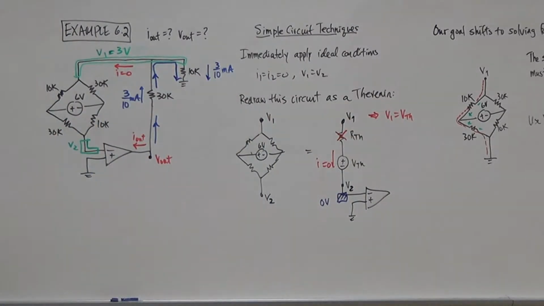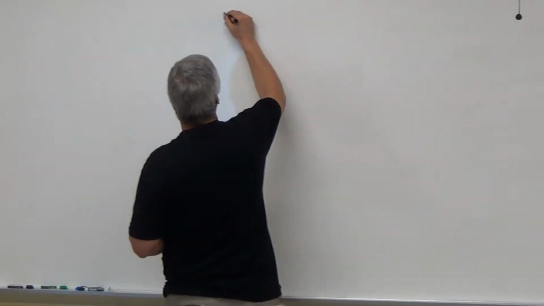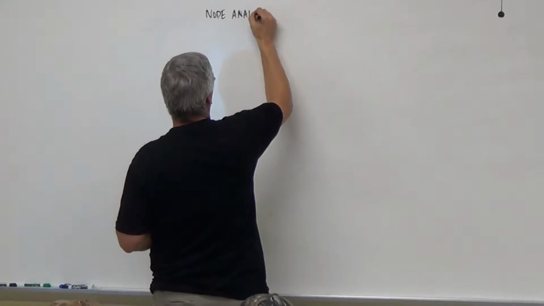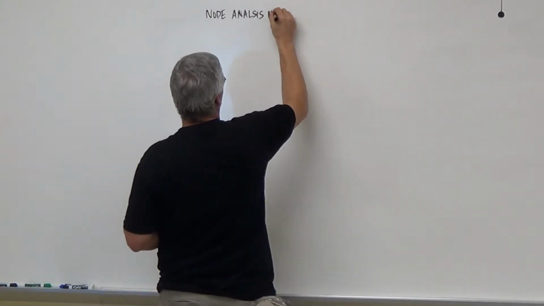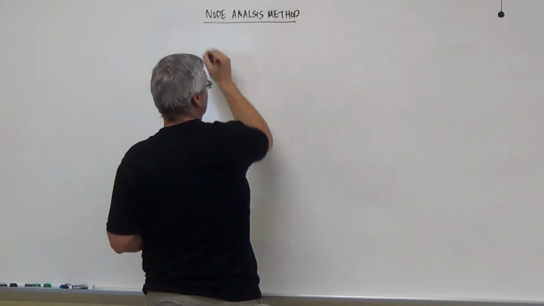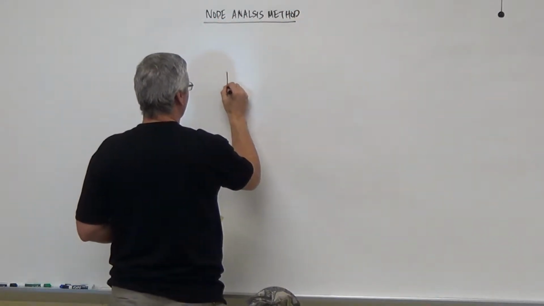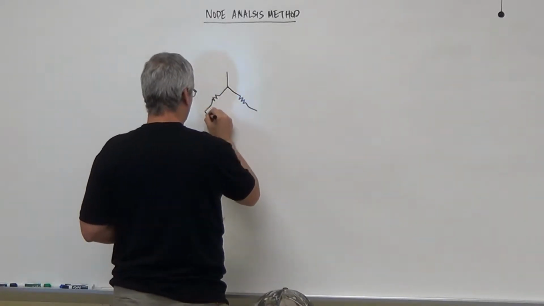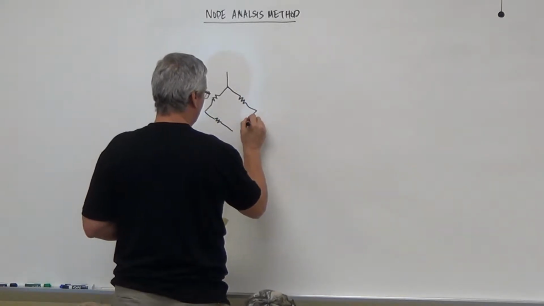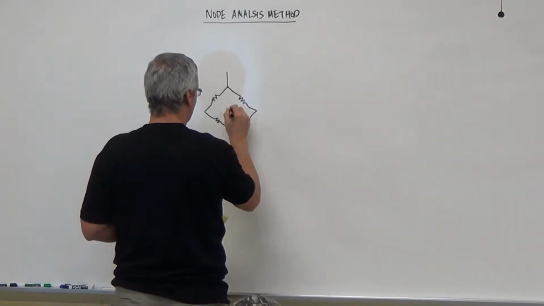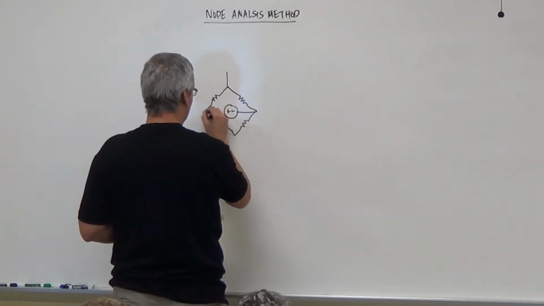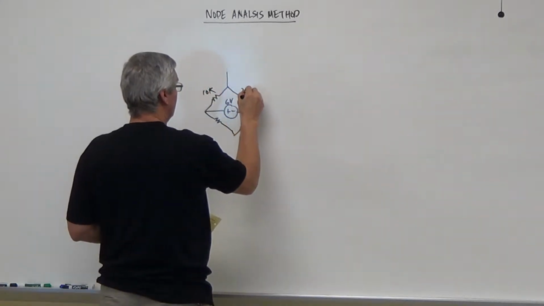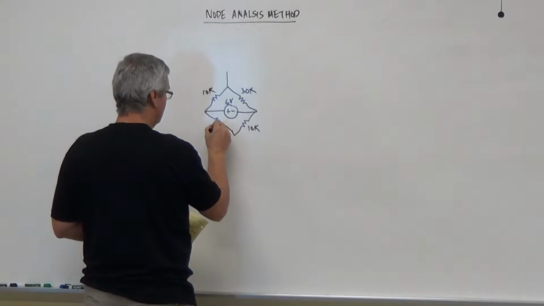So we should redraw the circuit here. So now we want to do node analysis. So if I redraw the circuit here, this guy's 10K, 30K, 10K, 30K.